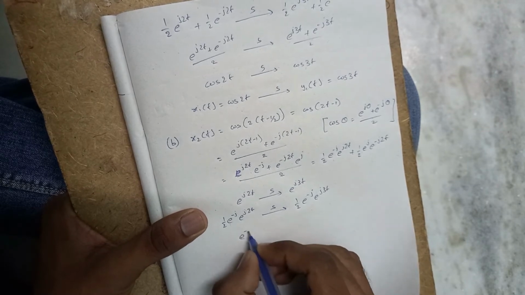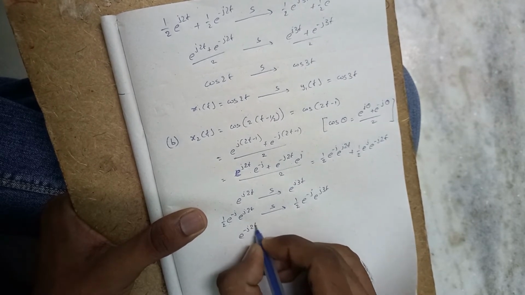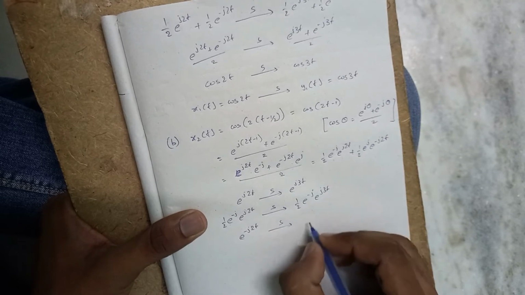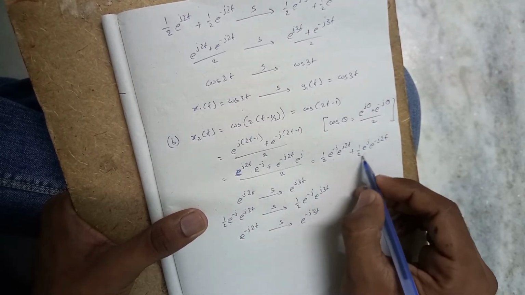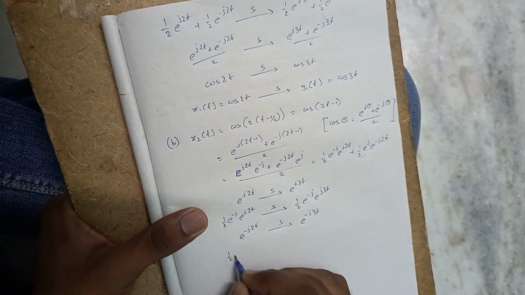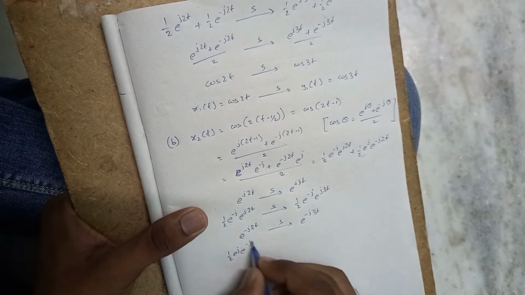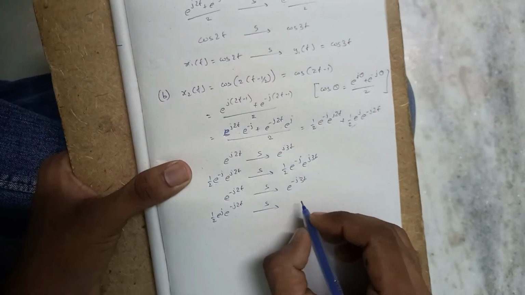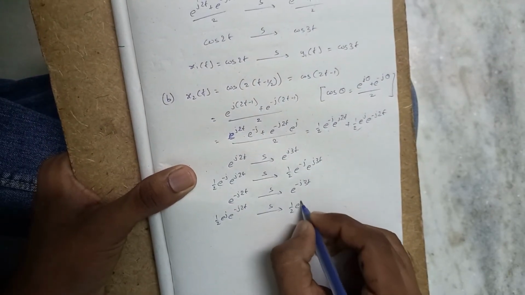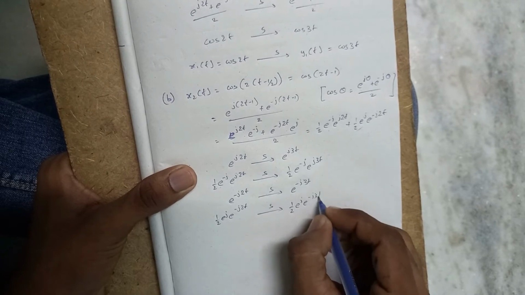We are also given that for the input e power minus j2t, the output is e power minus j3t. So if we multiply with 1 by 2 e power j, for the input 1 by 2 e power j into e power minus j2t, we get the output 1 by 2 e power j into e power minus j3t.